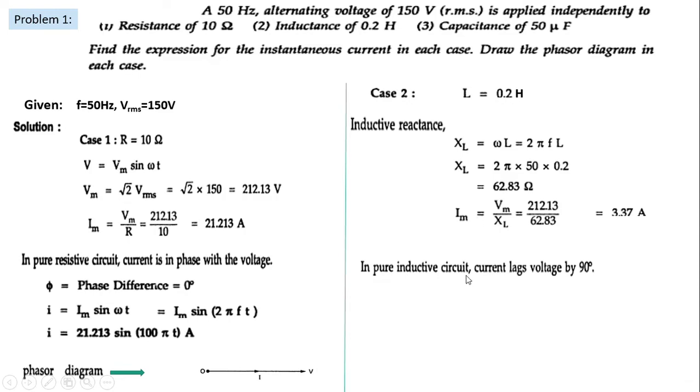Dear students, in pure inductive circuit, current lags voltage by 90 degree. Phase difference phi is equal to minus 90 degree because it is pure inductive circuit. In radians it is pi by 2. The instantaneous current equation, I is equal to Im sin of omega t minus phi.